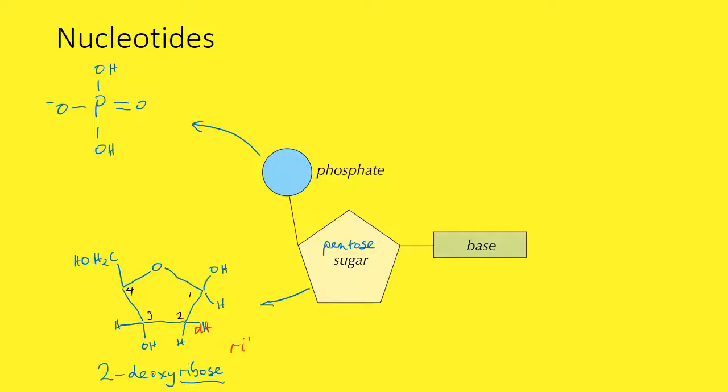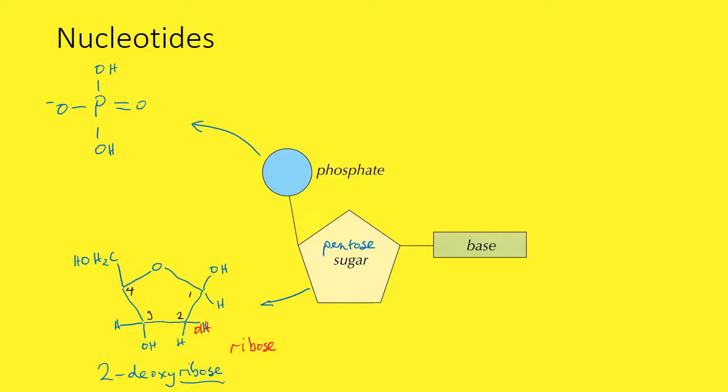That would be, the red would be for ribose. All right, so we instead have a hydrogen in 2-deoxyribose. So the 2 comes from it being on carbon number 2, and the deoxy means that you've removed the hydroxyl group. So deoxyribose is the sugar, and that's the same in each nucleotide.